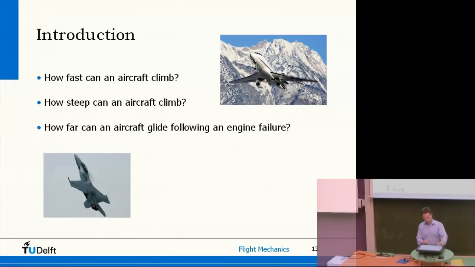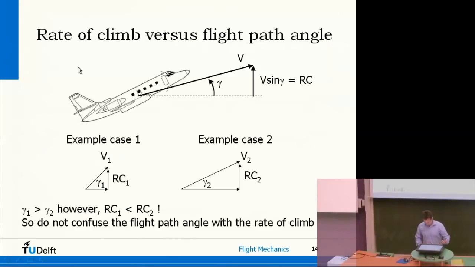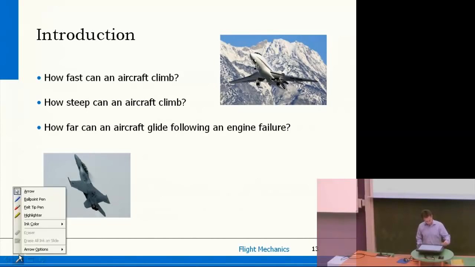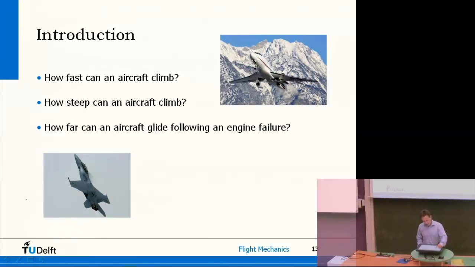Because fast, let me get the pen back. Fast is basically time related, and steep is basically an angle. An angle is relevant if you, I mean, this is the airspeed vector. This is the flight path angle.